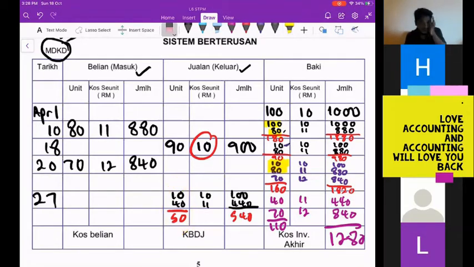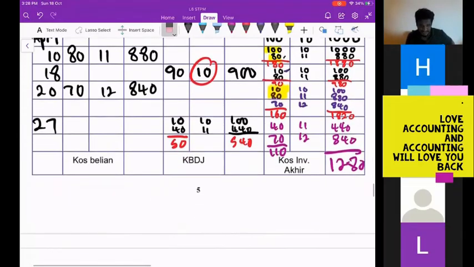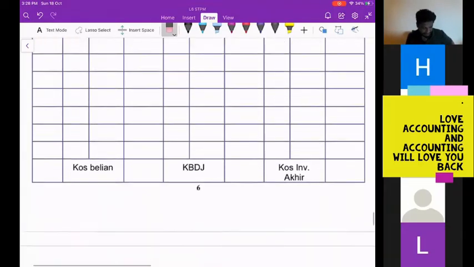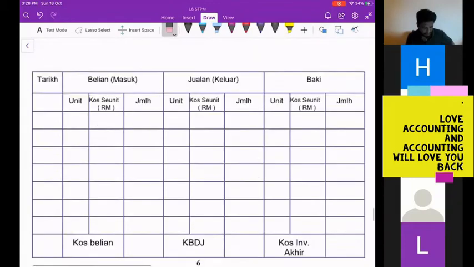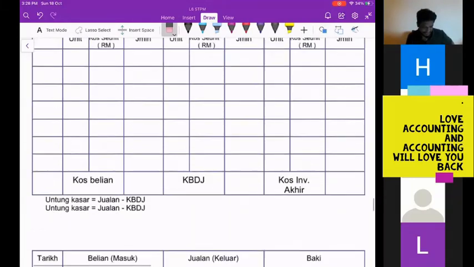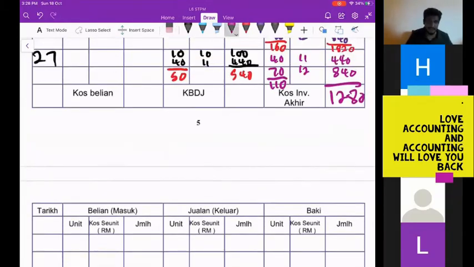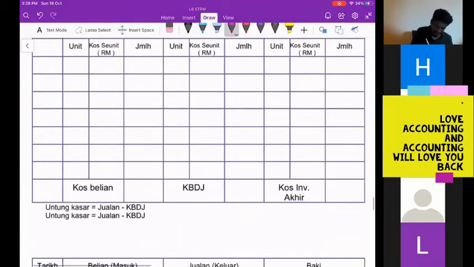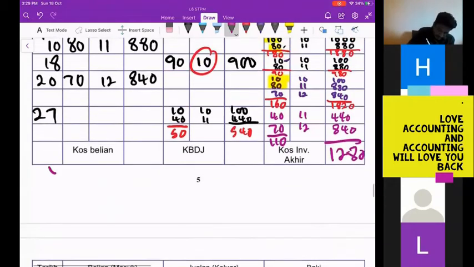Can I continue? Yes, sir. Okay. Actually, I made a mistake here. You're supposed to calculate the untung here. This formula, I mistakenly typed down double here. So can you write here: untung kasar sama dengan jualan tolak kos barang dijual.